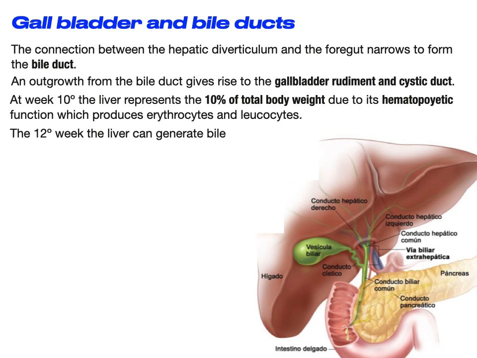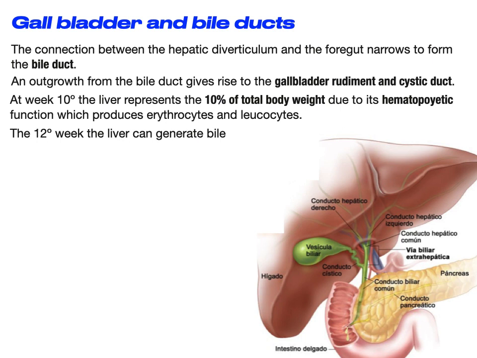You know that this function will later be transferred to the bone marrow, and the liver will take its adult duties and will become smaller in relation to the total body weight.